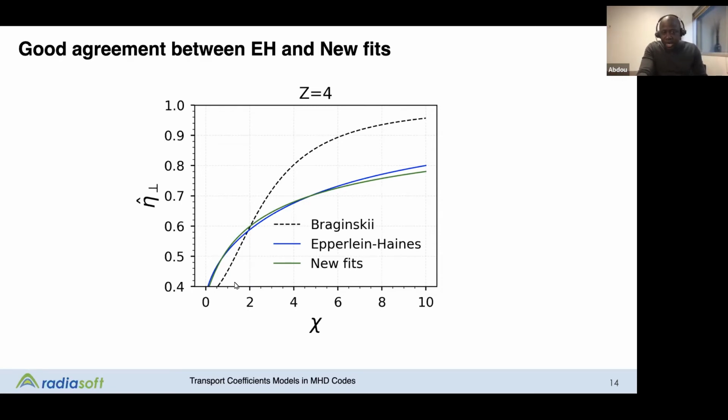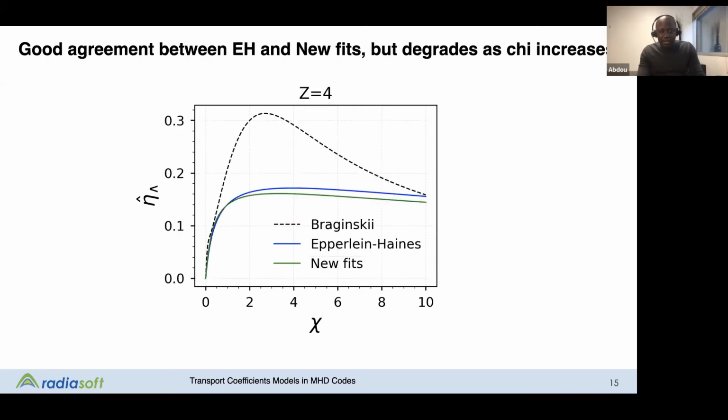It's very, very low chi. For denser plasma and with higher field, you are in this regime. What you can see is Braginskii is quite bad in terms of prediction of the normalized perpendicular resistivity. Epperlein and Haines and the new fits from Davies and his collaborators follow accurately. There's a little difference here, but I don't believe that's very impactful.